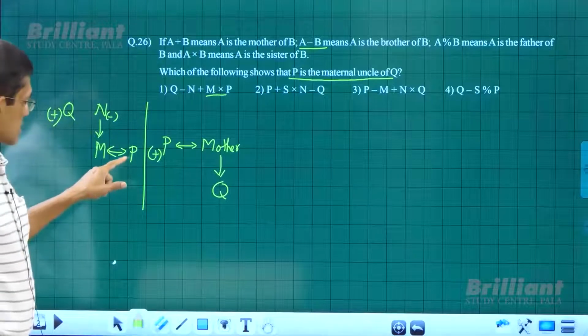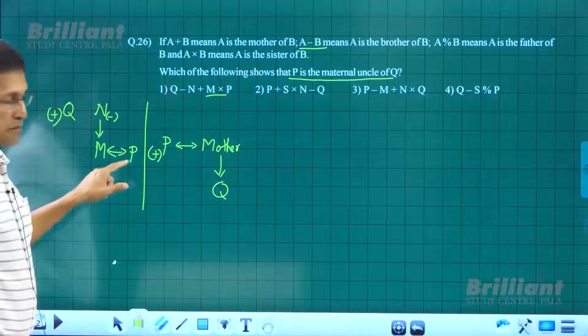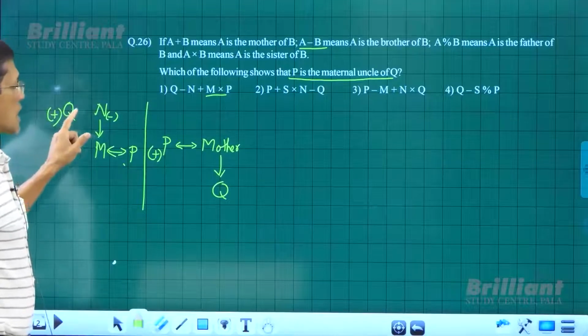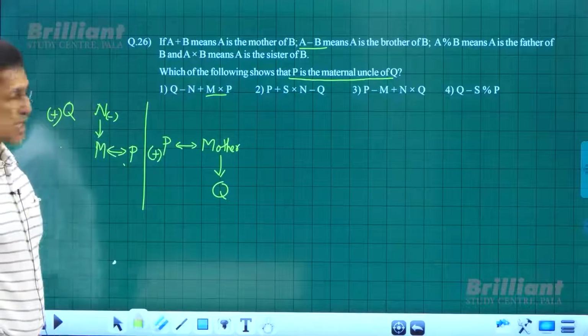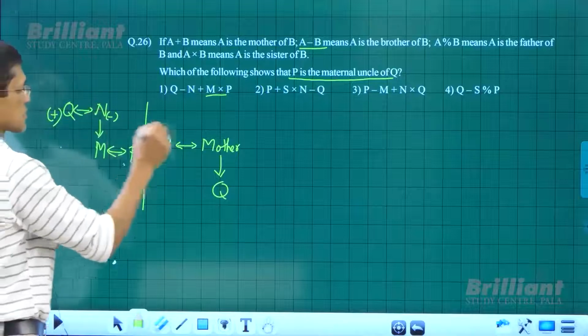Look at this. P is not the uncle, Q is the uncle. What we need is P as the maternal uncle. So this first answer choice doesn't work for us.